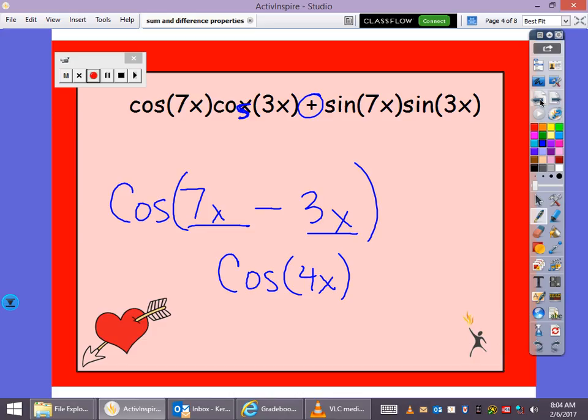Cosine, cosine, sine, sine. The formula that uses that is cosine. Because the sine formula uses both too. It uses sine and cosine. It's just the sine goes sine, cosine, cosine, sine. But cosine does double cosine, double sine. So I just use it to tell me which trig it is and then do the math. All right, are we good?